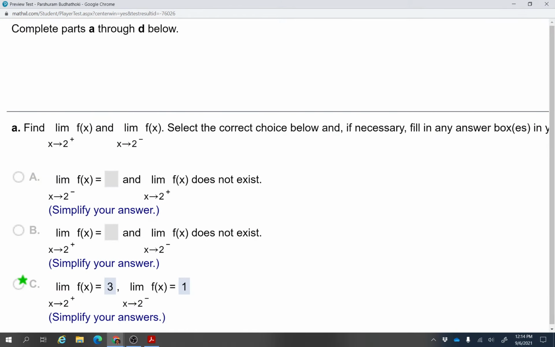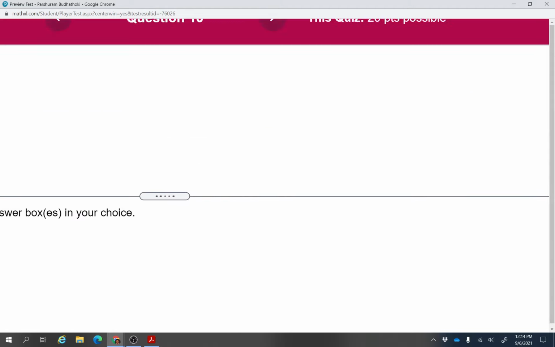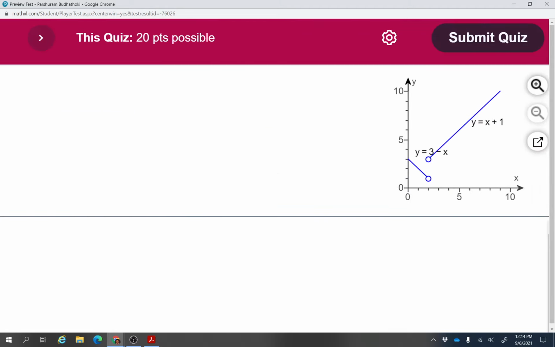Here, x approaches from the right side. X approaches 2, 2 means 1 and 2 here. From the right side means this side. This is the graph you have to use. As x approaches from the right side, the graph is approaching 1, 2, 3. The answer for that one is 3.